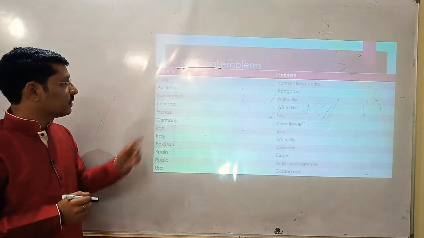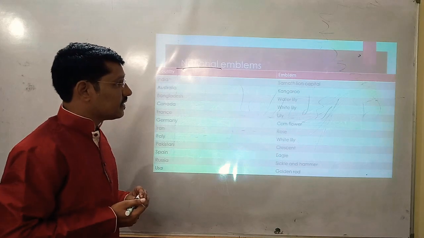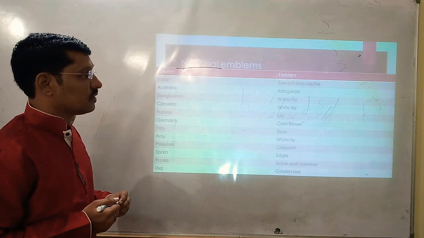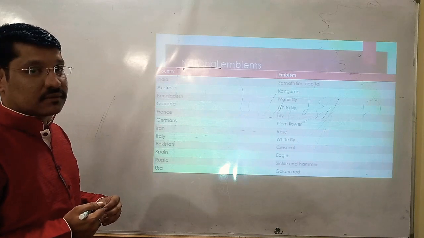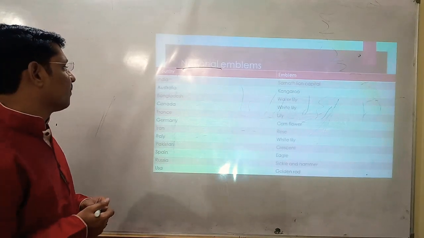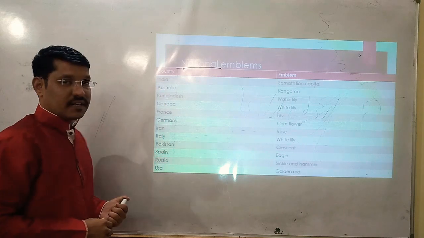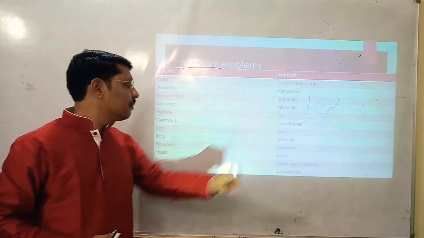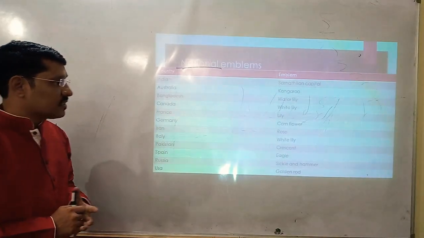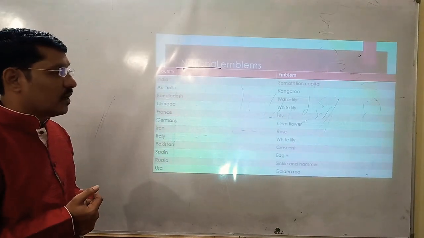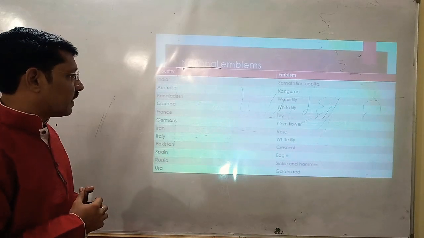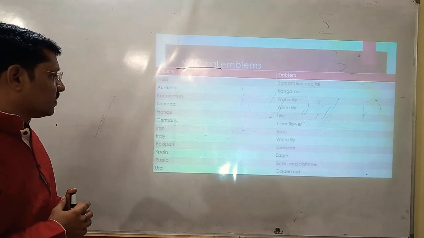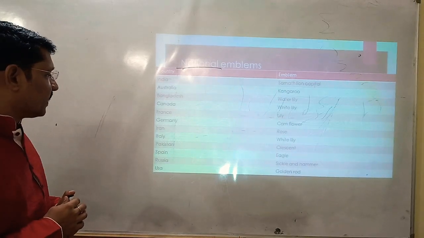Then here first is India. India's national emblem is the Sarnath Lion Capital. The next one is Australia. Australia's emblem is the kangaroo. Bangladesh national emblem, Water Lily. Canada, white lily. France, lily. Germany, cornflower.